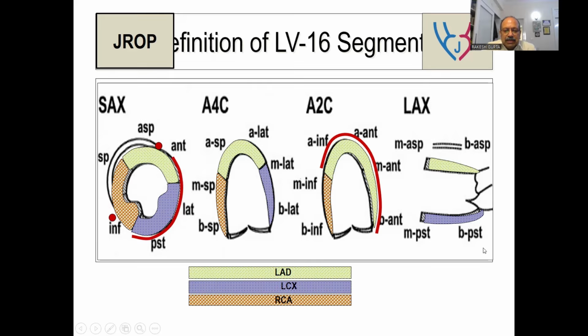Mid basal lateral wall and mid basal posterior wall, circumflex. The rest, all the apical septum, apical lateral, apical inferior, apical anterior, mid anterior, basal anterior, mid anterior septum, basal anterior septum, all of these 8 segments are supplied by the LAD territory.